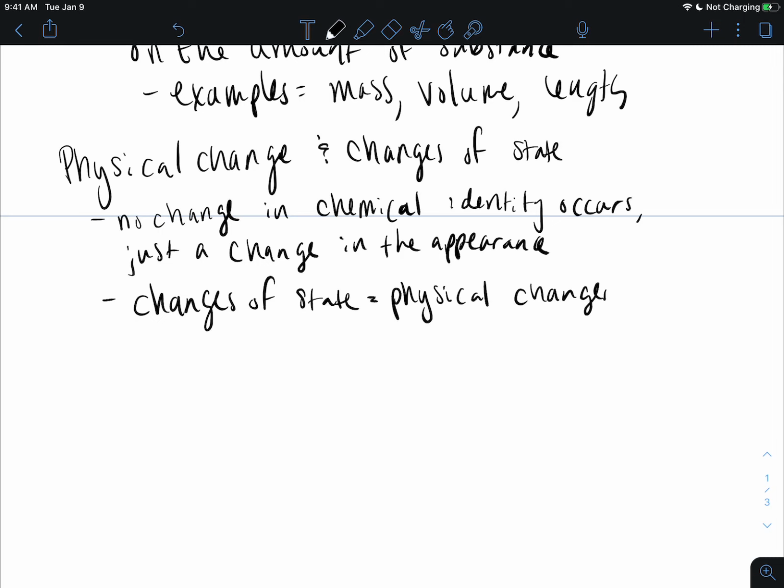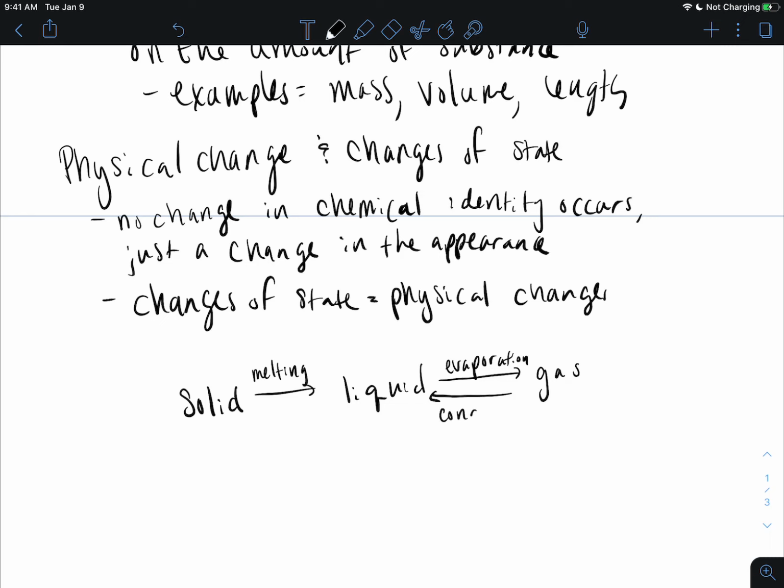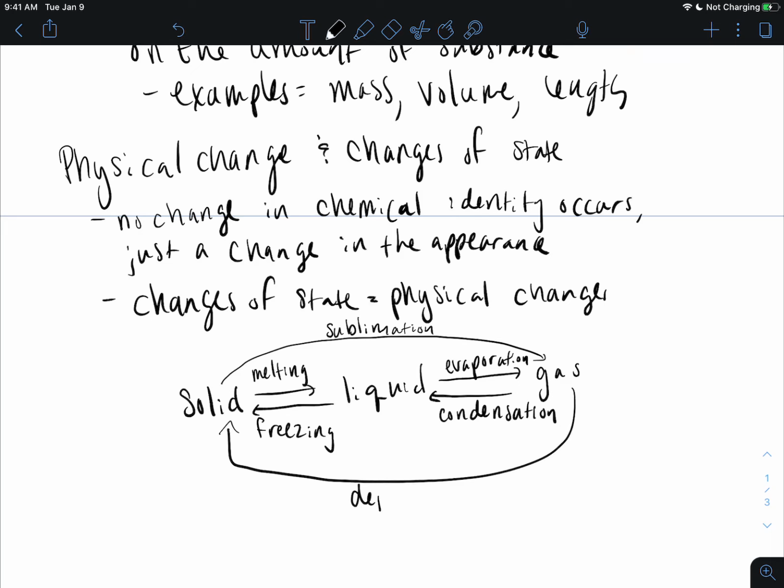So this is going to include going from a solid to a liquid, which is called melting, or going from a liquid to a gas, which is evaporation, or going from a gas back to a liquid, condensation, or from a liquid to a solid, freezing, or lastly going from our solid to our gas, sublimation, or our gas to our solid, deposition.